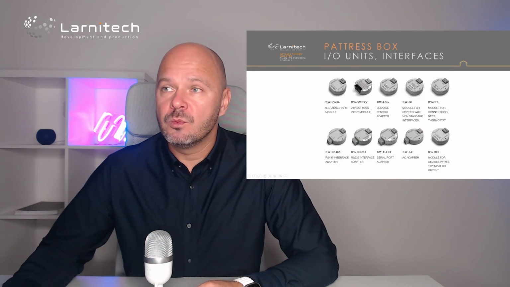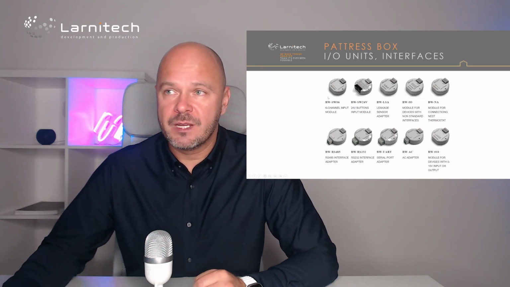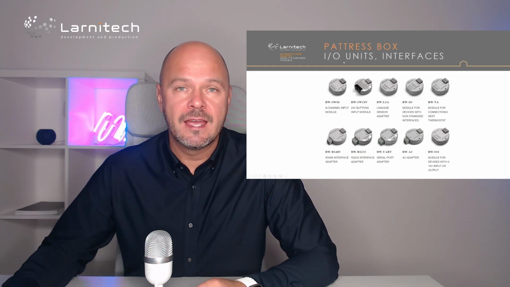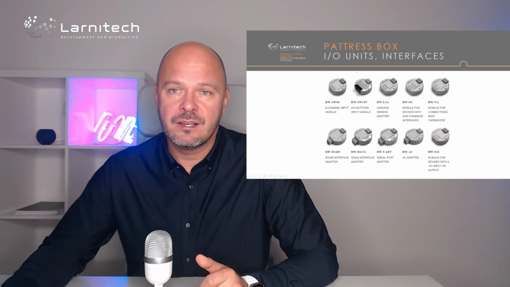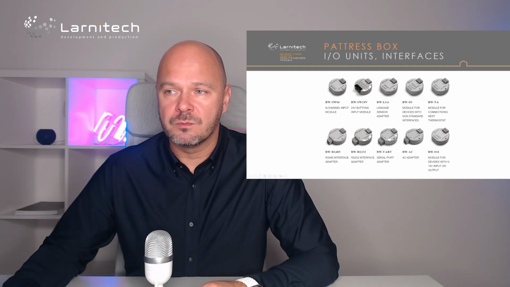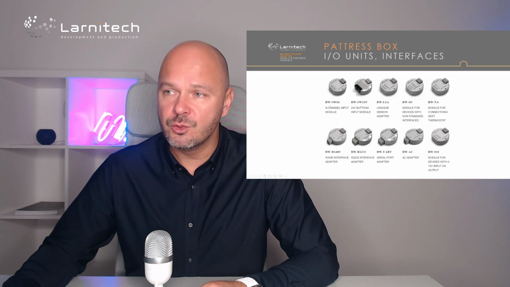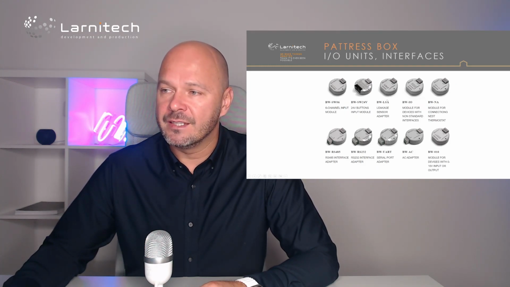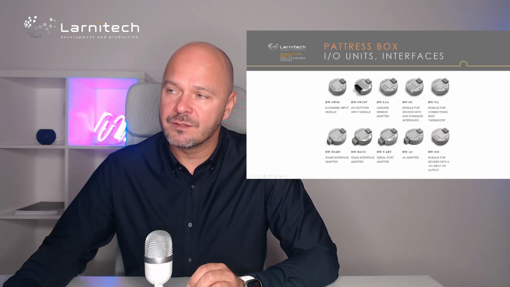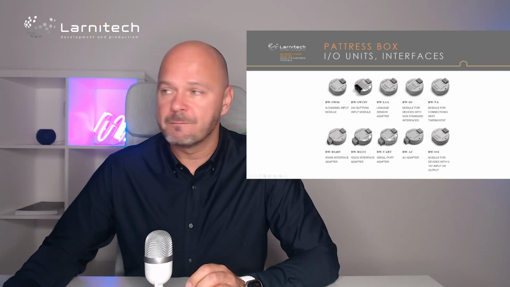And then we have another type of Pattress box devices, I/O input-output units, and interfaces, the same as we had with DIN rail. So these 2 actually are 6-channel inputs, and then water leakage sensor input. This one 3 inputs, 3 outputs.